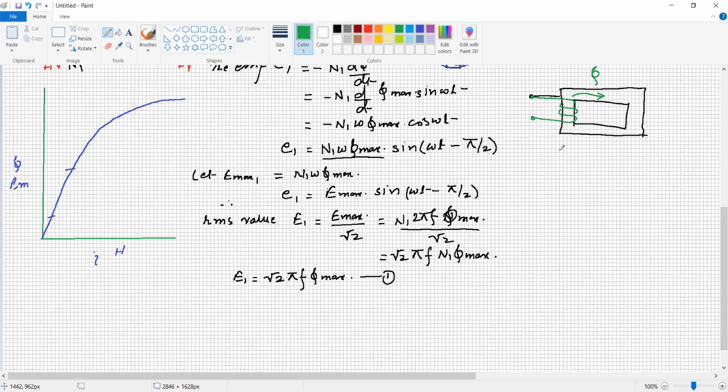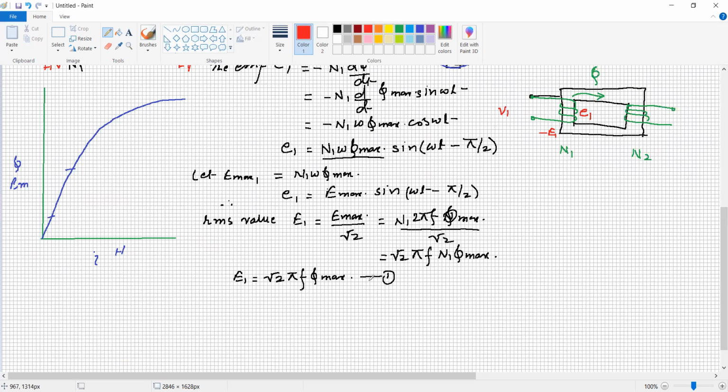The number of turns in the primary winding is N1 and in the secondary winding is N2, as already assumed. It induces EMF E1, and the voltage is V1, and the induced EMF is minus E1 because the voltage induced in the primary winding is opposite to the voltage source. So this is the representation of the EMF induced.